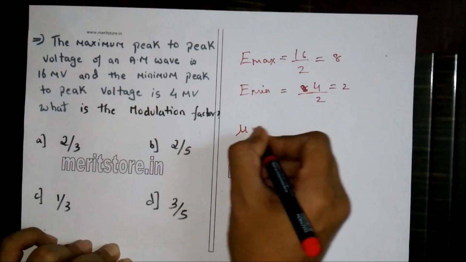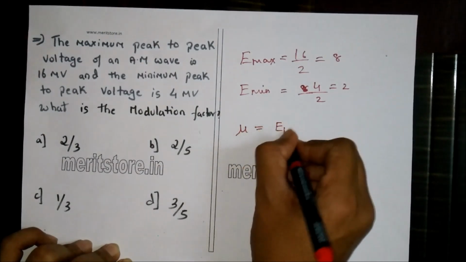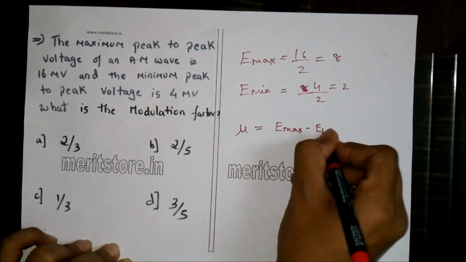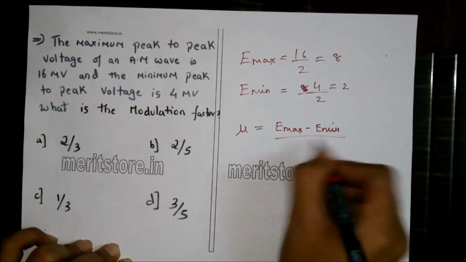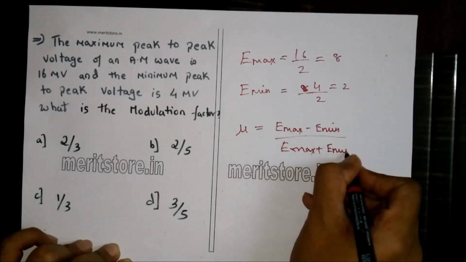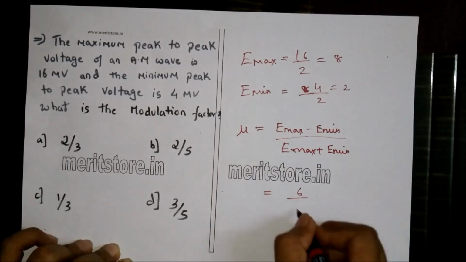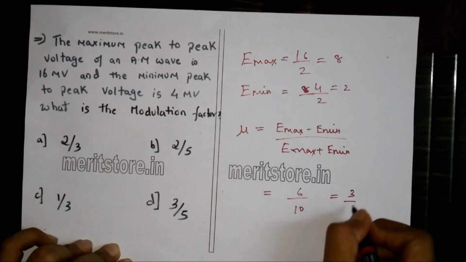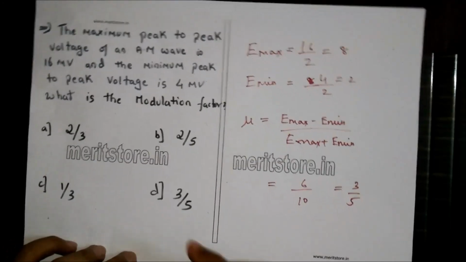Therefore the modulation factor mu is equal to Emax minus Emin upon Emax plus Emin, which will be equal to 6 upon 10, which is equal to 3 by 5. Therefore the correct answer is option D.